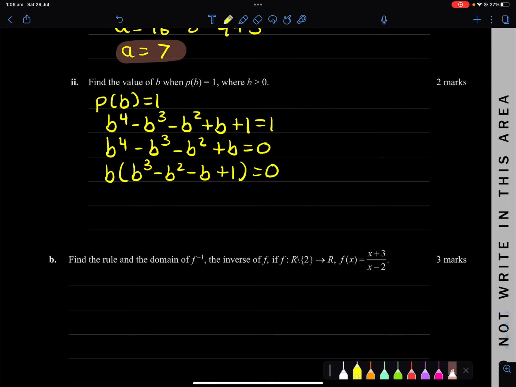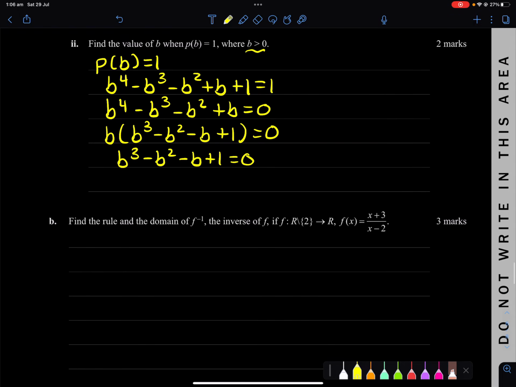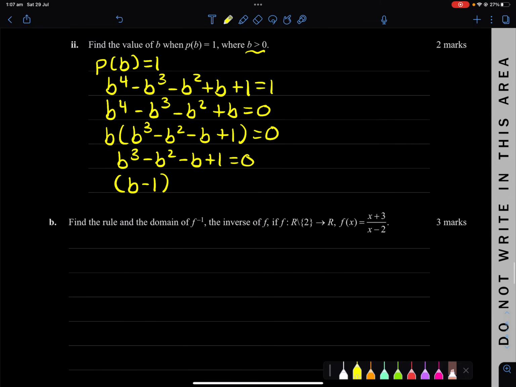So find the value of b. Well, we know that b is equal to 0, but b cannot equal 0, so we reject that. So we're just going to say b cubed minus b squared minus b plus 1. It's a cubic, and we can't factorize it easily, so let's guess by using the factor theorem. Let's say b is equal to 1, so it'll be 1 minus 1 minus 1 plus 1, which is 0. So by the factor theorem, b minus 1 is a factor.